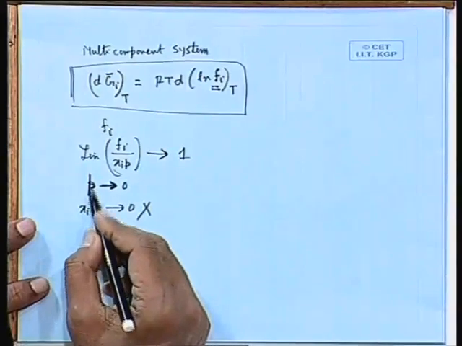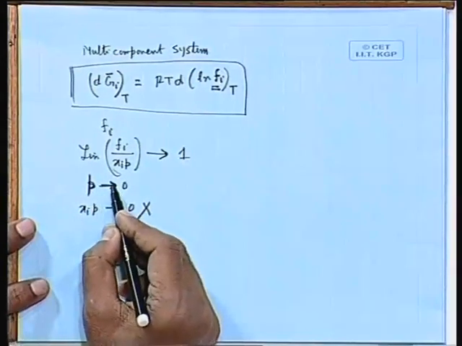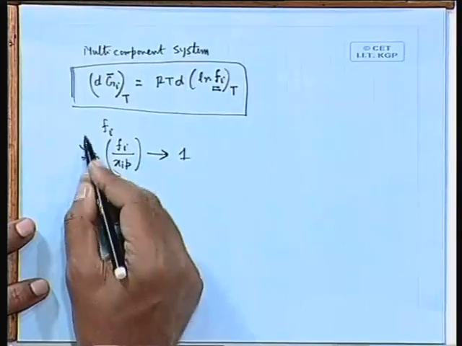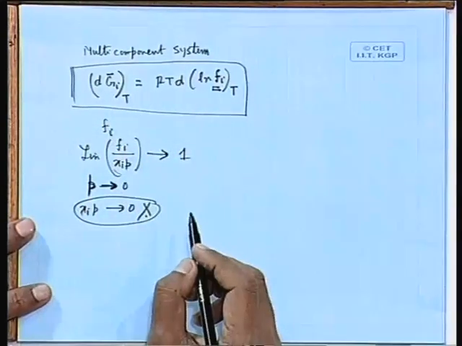That means in a mixture of real gases, one real gas may have a very marginal quantity, infinitely diluted, so the partial pressure of that gas is approaching 0, but that does not mean the mixture will behave as an ideal gas. So the very important thing is that P tends to 0, not XiP tends to 0. This is wrong.